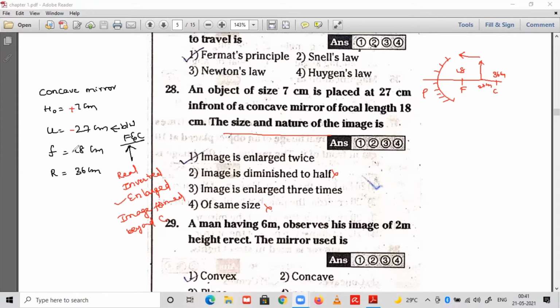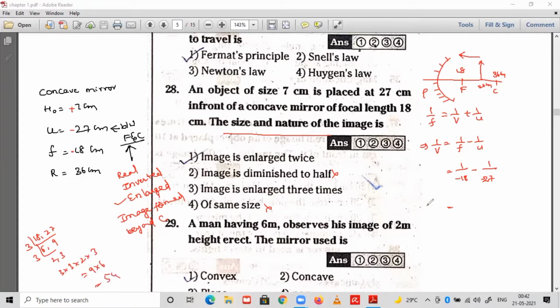Next, f will be negative, so 1 by f is equal to 1 by v plus 1 by u is the formula. From this, 1 by v can be written as 1 by f minus 1 by u. Now the f value is minus 18, minus u value is minus 27, and the LCM of 18 and 27 is 54.